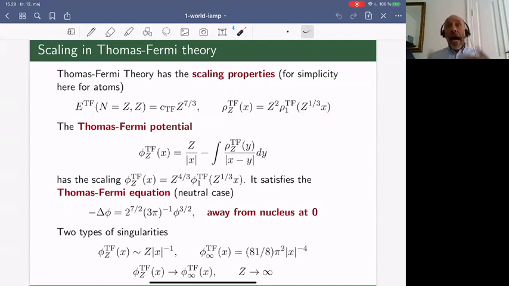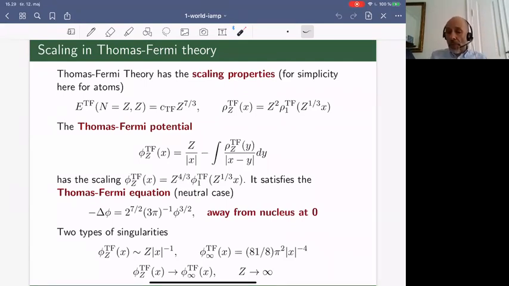So large Thomas-Fermi atoms seem to scale with z to the minus 1/3. So large or heavy atoms become smaller. The radius becomes smaller and it goes like z to the minus 1/3. But we'll see in a moment that the radius I talked about before, the radius 1, actually does not go to 0. And I will try to explain this.